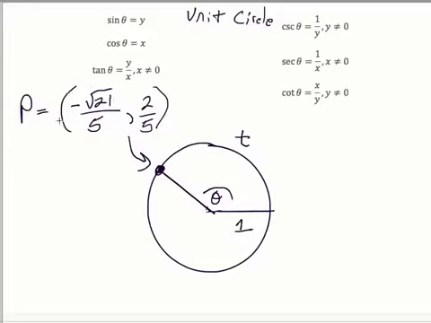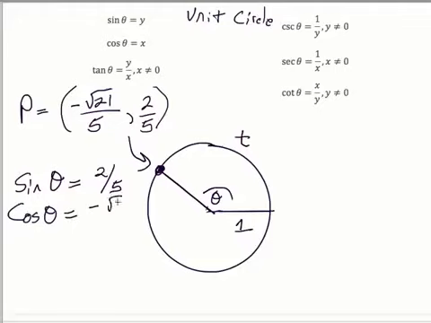Our question is, what are the sine, cosine, all of our trig function values for this angle theta, or for this real number t? As we know, sine of theta will just be the y value, so it'll be 2/5. Cosine of theta will be the x value, which is negative square root of 21 over 5.